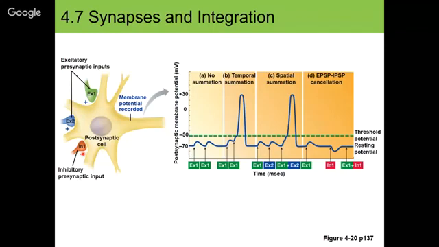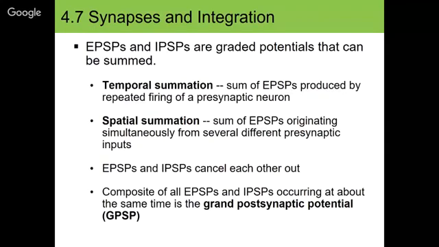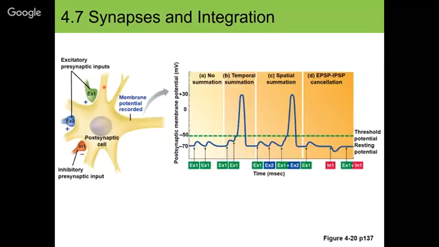Okay, so in other words, your grand postsynaptic potential will be determined by the factors that we've explained with a simple scenario in this diagram. Okay, so make sure you understand how this works. I know it's quite finicky stuff, but it's actually governed by some very, very simple processes, okay? Like basically excitatory effects canceling out inhibitory effects and vice versa.